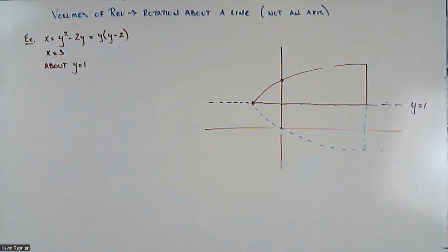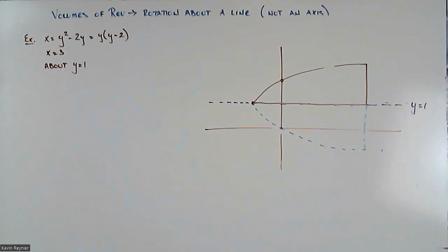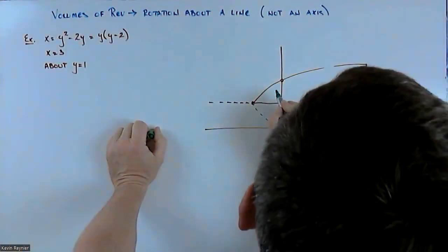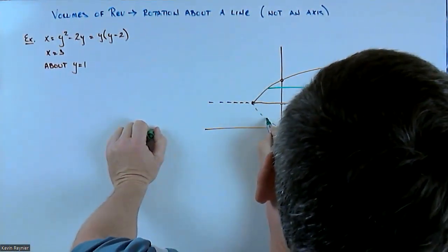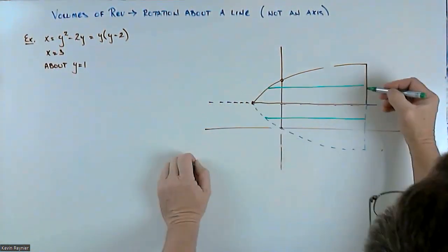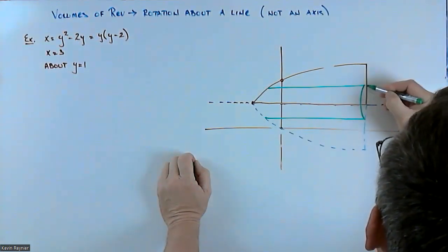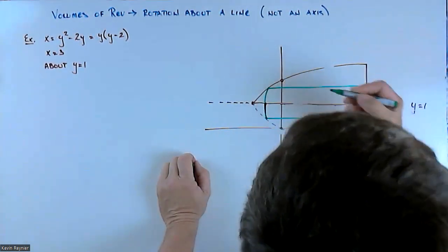Now, we can do this problem with discs. If we draw vertical lines, discs work perfectly. But I'm going to draw horizontal lines and do this problem with cylinders. Because why? Well, just because I've already done a disc example. Let's do a cylinder example. So here's my representative slice. Here's my corresponding representative slice. When I spin this slice, I generate a cylindrical shell that looks like this. All right.